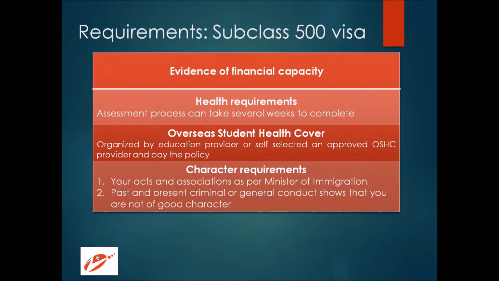In case of secondary exchange students, an acceptance advice of secondary exchange students form is required, and a letter of support from the Department of Foreign Affairs and Trade or the Department of Defence wherever it is applicable. If there are any other family members who are trying to move in with the student, then it is important that the evidence of their financial capacity and sustenance is also provided.